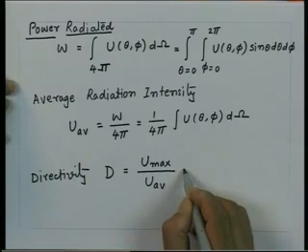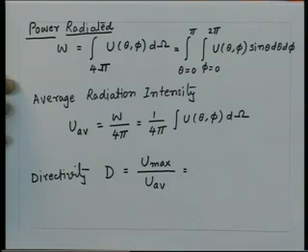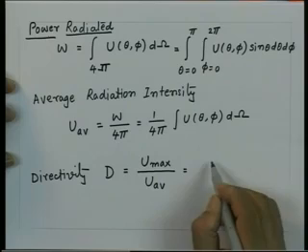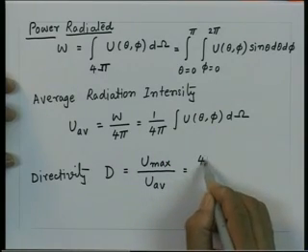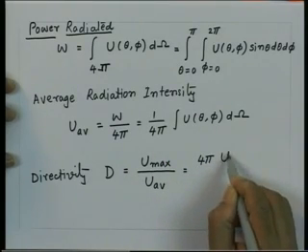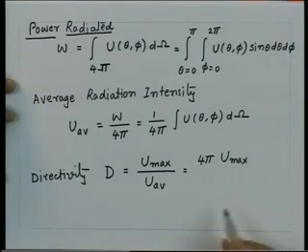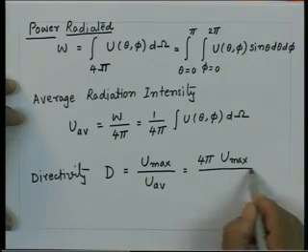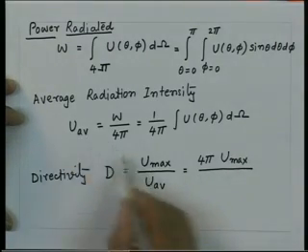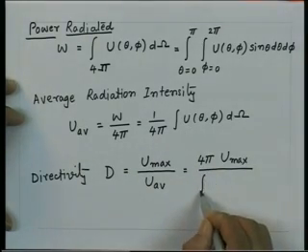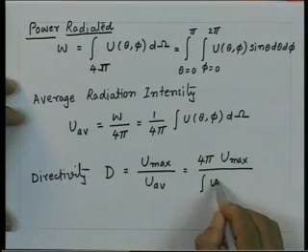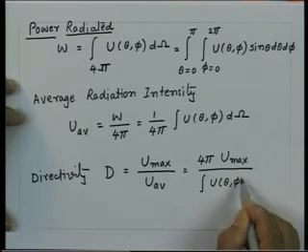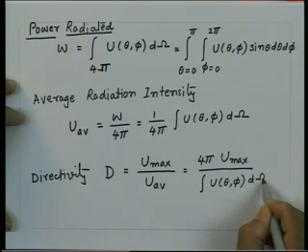So, that is equal to 4 pi U maximum divided by the integral of U of theta phi d omega.